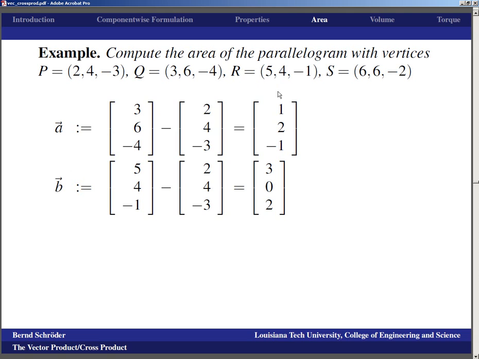Well, it turns out that that is not the case, because if I add 3, 0, 2 to the position of 3, 6, negative 4, I end up with 6, 6, negative 2, which is S. And when I add 1, 2, and negative 1 to 5, 4, negative 1, I end up with 6, 6, negative 2, which means that these two sides A and B really are the outsides of the parallelogram.